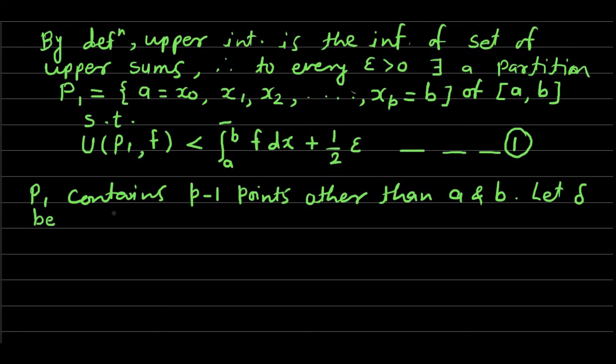Let delta be a positive number. We'll consider that delta as a positive number, such that 2k into P minus 1 into delta is equal to 1 by 2 epsilon.